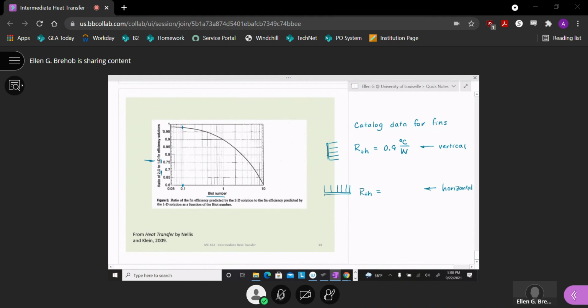Can you think through, do you think the resistance would be higher in the vertical orientation or in the horizontal orientation? And let's think through, this is for free convection. I think vertical would be higher.